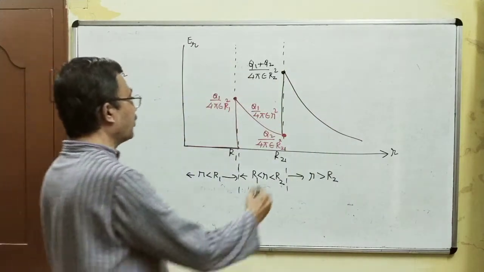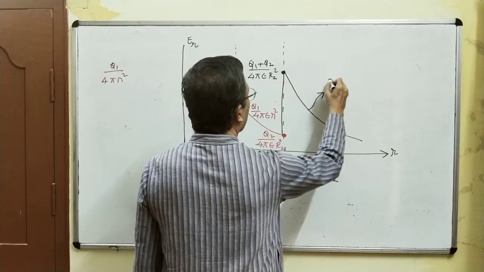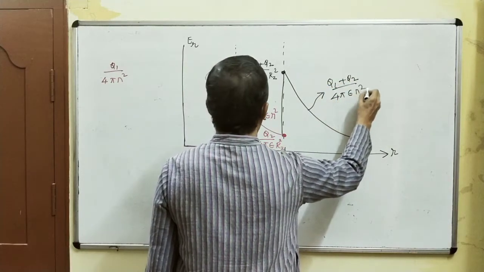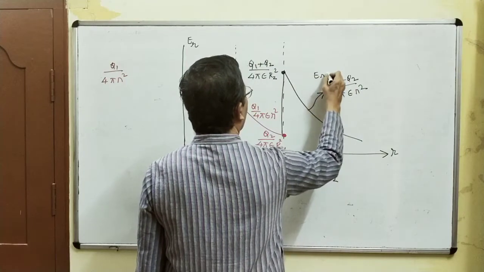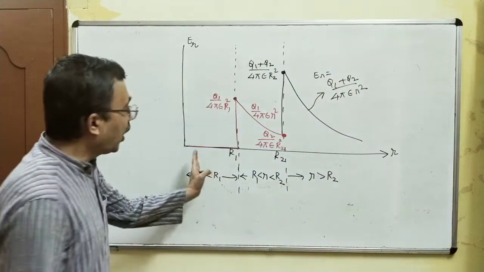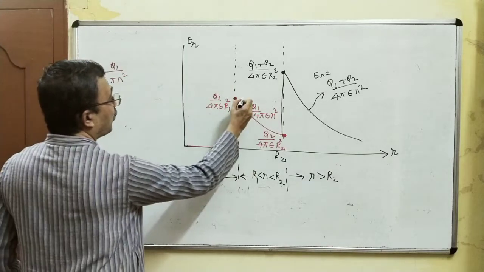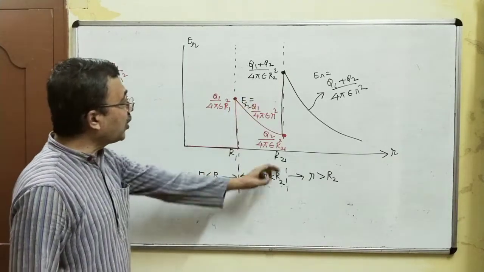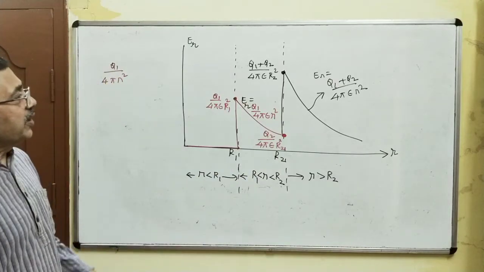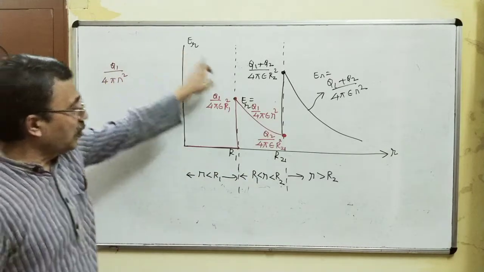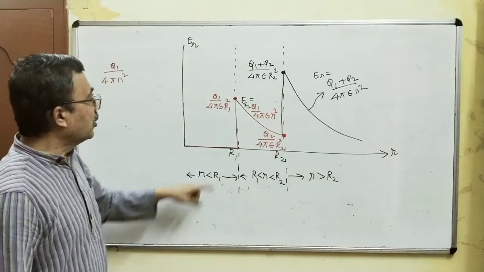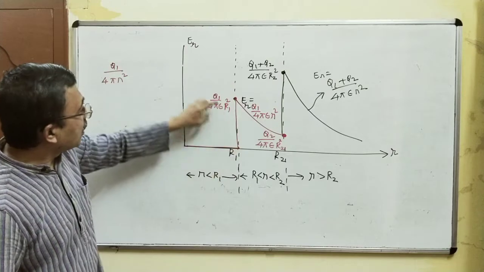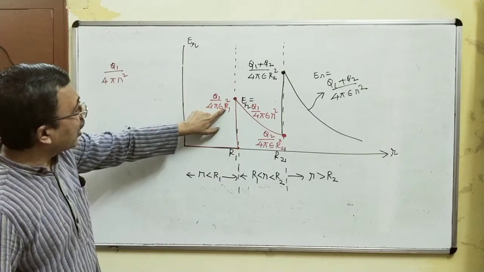The equation of this curve is q1 plus q2 divided by 4 pi epsilon r square. This is the expression for electric field intensity for r greater than r2, and the earlier one is for r lying between r1 and r2. What is important here is that the variation of E_r with respect to r is multi-valued. At r equal to r1, E_r has two values: one is 0, the other is q1 by 4 pi epsilon r1 square.